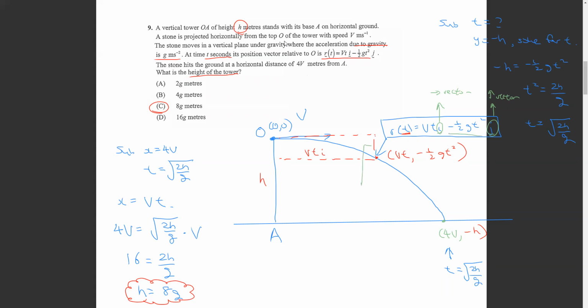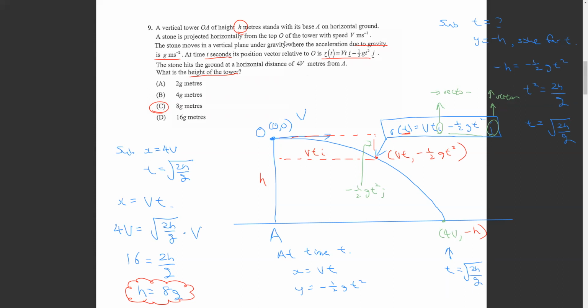So this is negative half g t squared j. In other words, if you don't like vector notation, at time t, x is vt and y equals negative half g t squared, which is nothing you don't already know from your projectile motion questions. They've just expressed it in vector form.